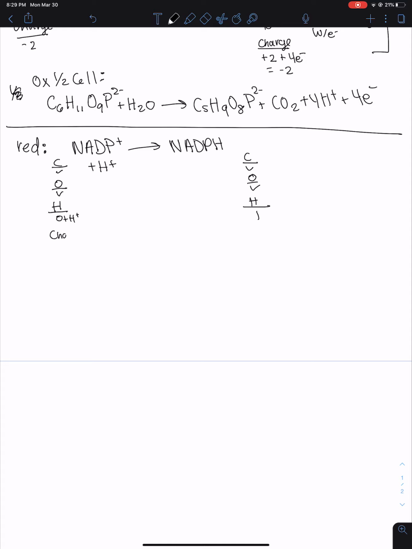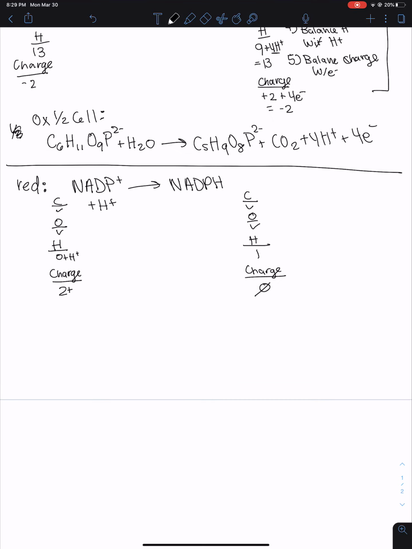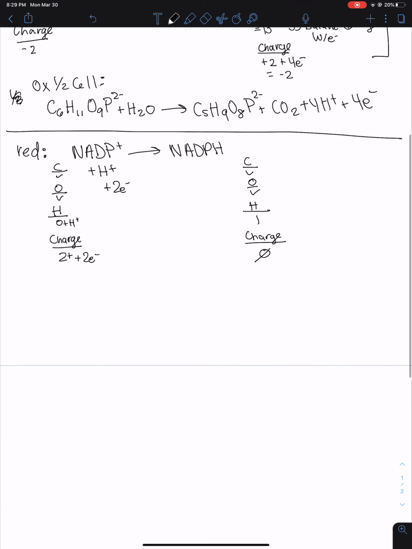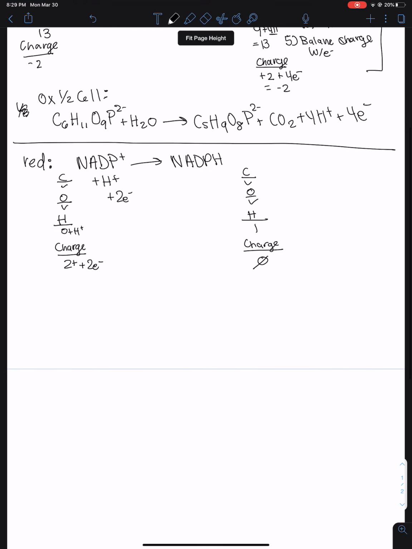The charge over here is 2+, and the charge over here is 0, and so then we need to add 2 electrons over here.